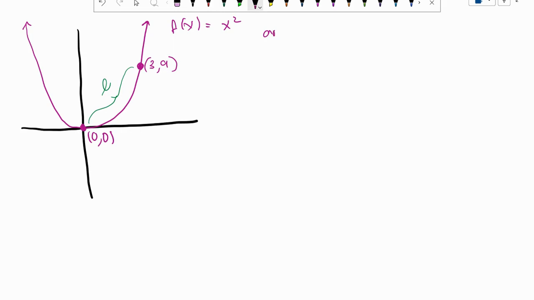Well, we have the arc length formula. The integral from a to b of the square root of 1 plus dy over dx squared dx. Now let's start substituting in values. What is a? Well, a is where the arc starts, and that is 0. What is b?